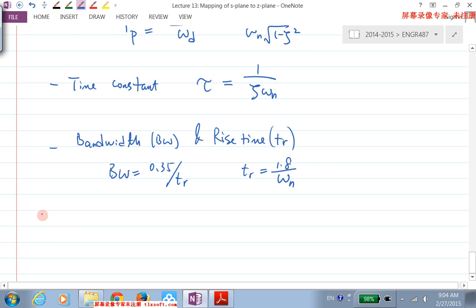Let's say a user says: I need the percentage overshoot 15%. I need a sampling time 2 seconds.